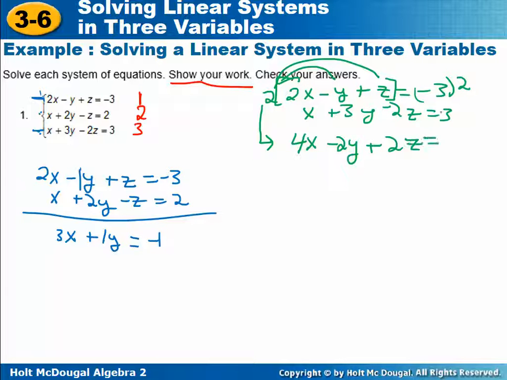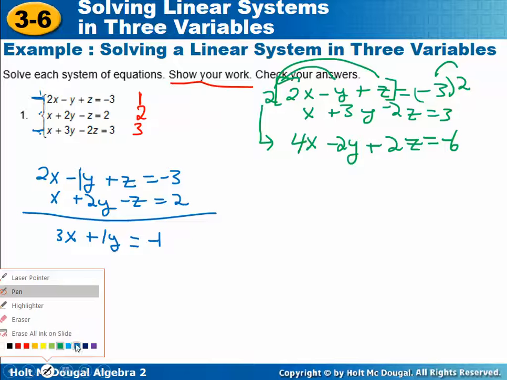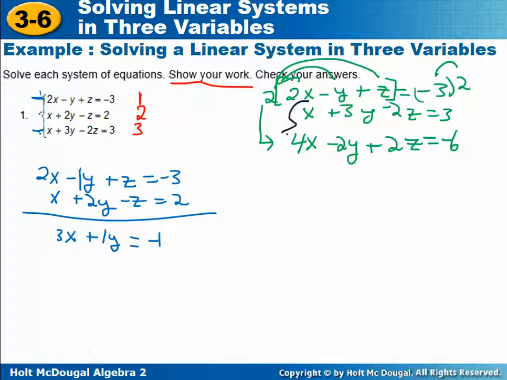Now, do not forget to multiply the other side by 2 as well, and you get negative 6. So now my 2 equations are right here. Now I can use elimination to add these together. When I add these together now, I have 1x plus 4x is 5x, 3y minus 2y is plus 1y, the negative 2z plus 2z is gone, 0 cancels, 3 minus 6 is negative 3.